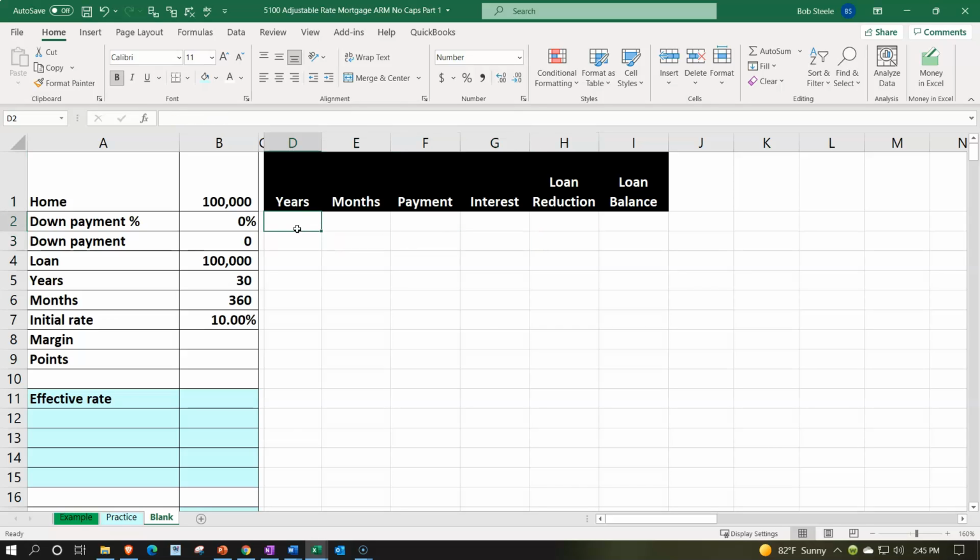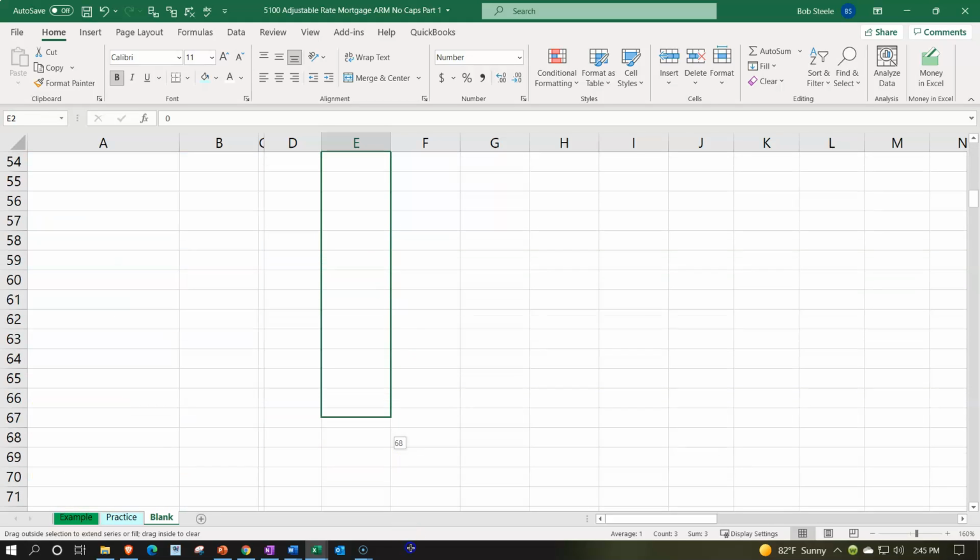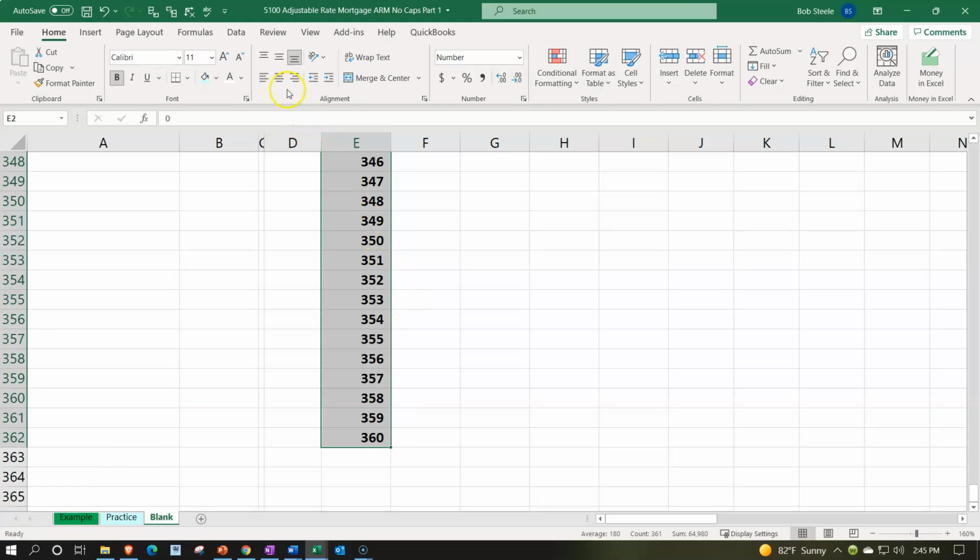I'm going to add the months first because it's going to be in months, 360 of them. So I'm going to say 0, 1, 2, selecting those 3 cells, dragging that on down for that series of numbers to get down to 360. So we'll get down to 360, and then center that by going to the alignment group and center.